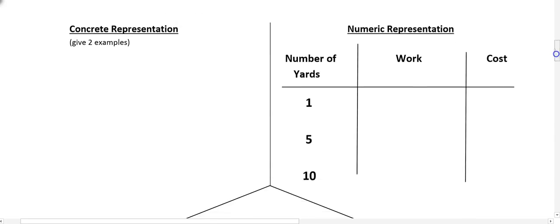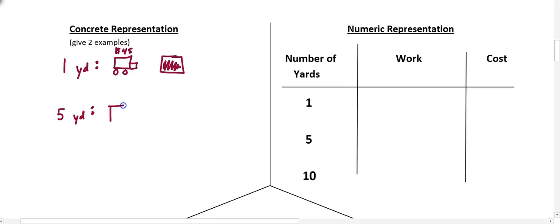So, concrete example. So for a concrete example, let's say what happens if he ordered 1 yard and if he ordered 5 yards. So if he ordered 1 yard, we have our delivery truck bringing it for $45, and we have our 1 yard of sand.